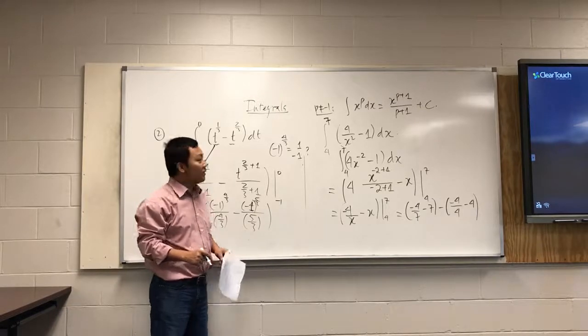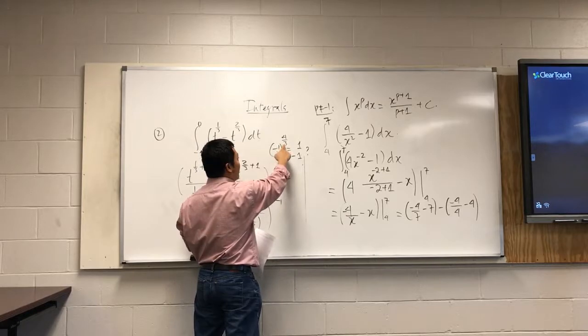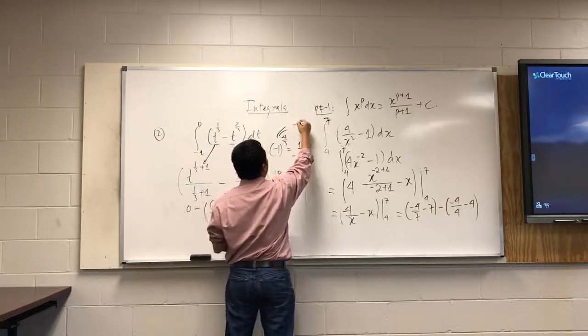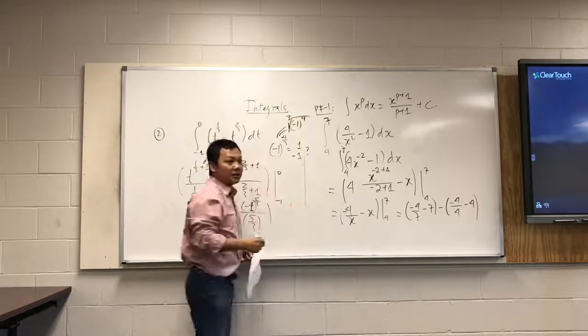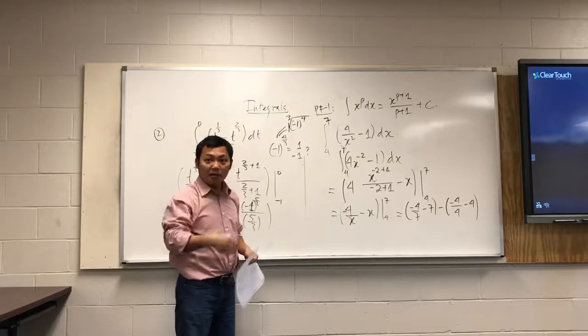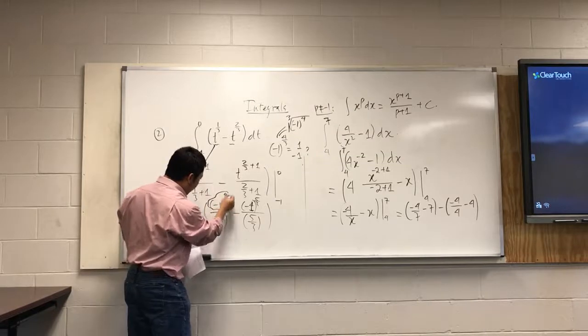Why? Because if you convert this into the radical form, you can see this is equal to negative 1 to the 4, and then cube root. Negative 1 to the 4 is 1. 1 under a cube root, you get 1. So this term is 1.